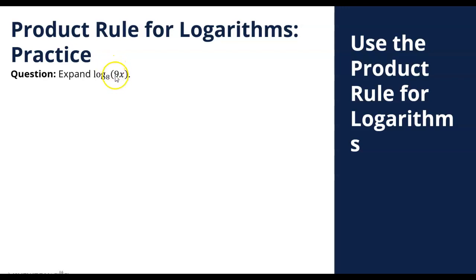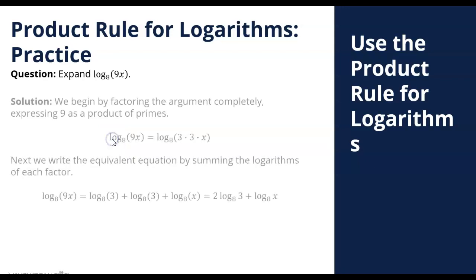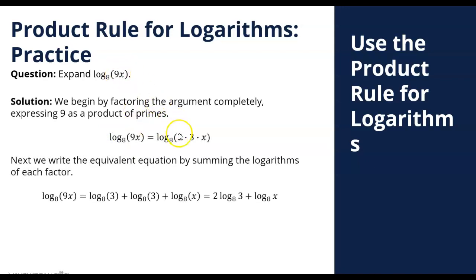Now note that 9 can be written as 3 times 3. So therefore, we write 9x as 3 times 3 times x. So therefore, log of 9x base 8 is equal to log of 3 times 3 times x base 8.